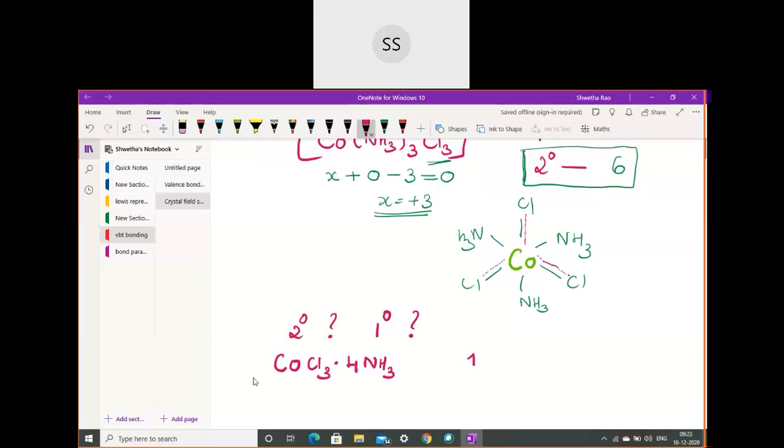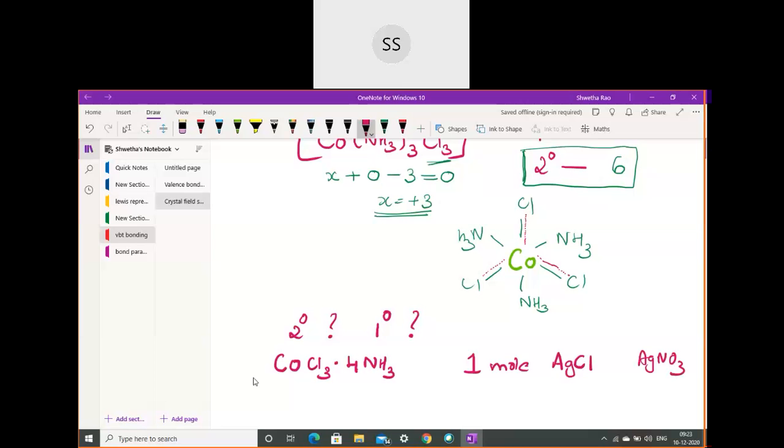I will give you that complex. This is the complex CoCl3·4NH3. So you have to find what is the secondary valency and what is the primary valency of this complex.